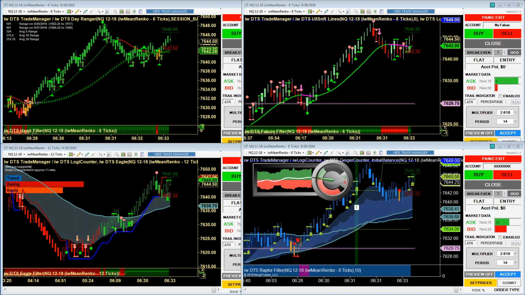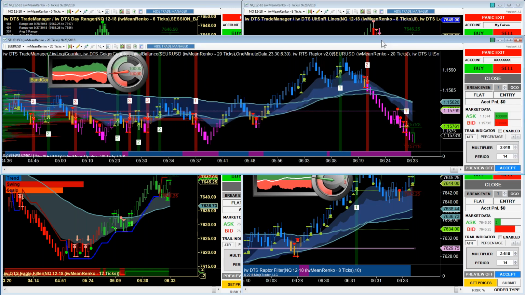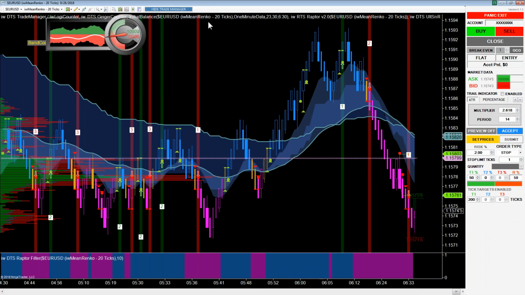All right, here is the Euro US dollar pair. And what I've done is I've reworked the brick size here a little bit. So I have a larger brick size. With the Forex markets, I also actually like to watch some volume.